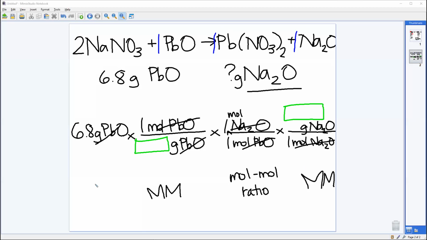So I've gone to the periodic table now, and I've found my masses for what I need. So lead has a molar mass of 207.2, and oxygen has a molar mass of 16. So when I add those together, I get 223.2. That's what's going to go here.